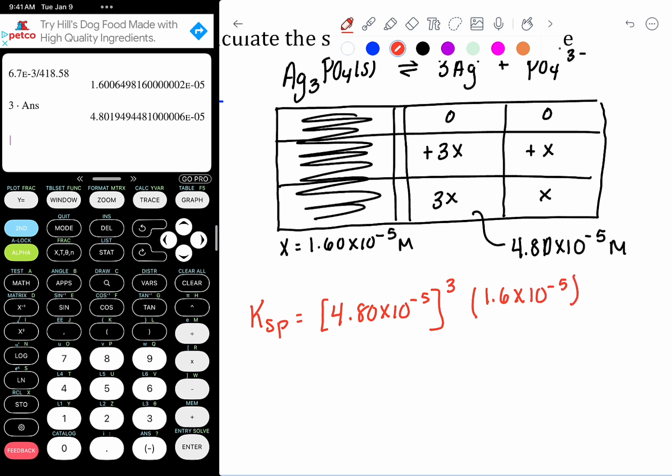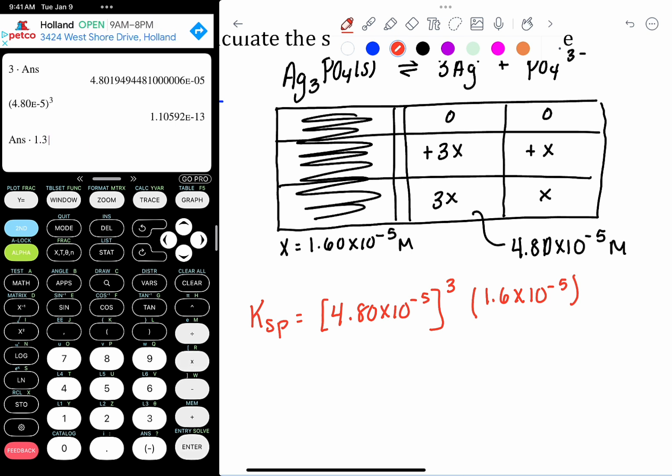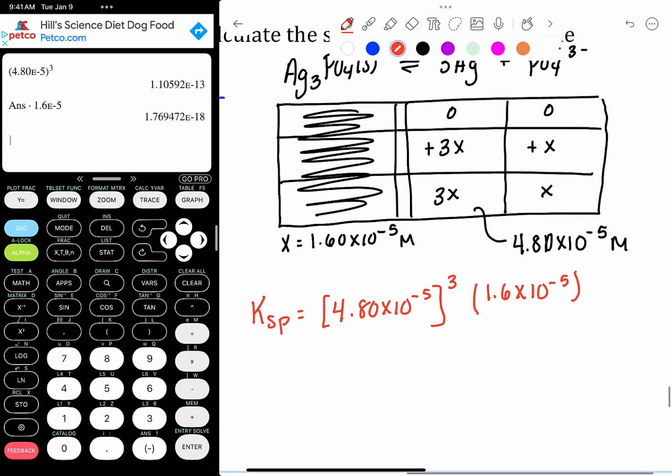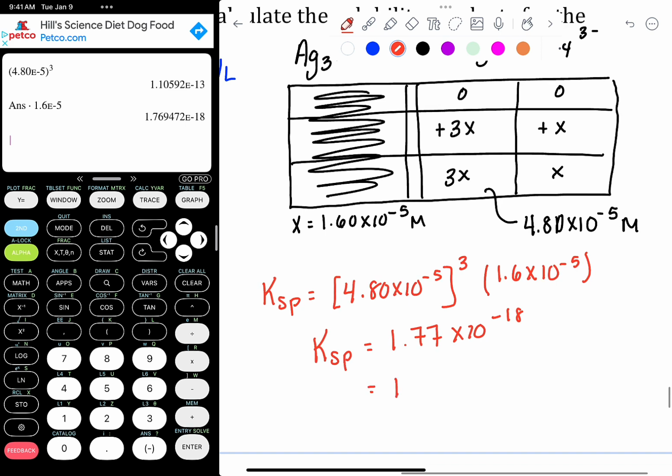So let's plug that into our calculator. 4.80 times 10 to the minus 5 cubed times 1.6 times 10 to the minus 5. So we have KSP is equal to 1.77 times 10 to the minus 18. I believe we had 2 sig figs there, so 1.8 times 10 to the minus 18 for our KSP.